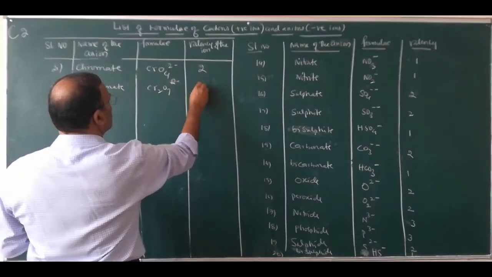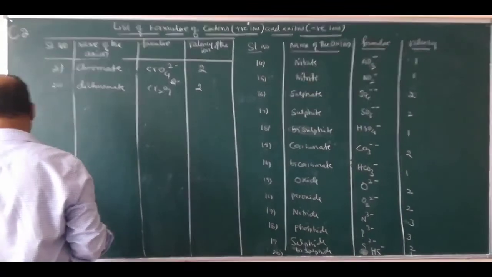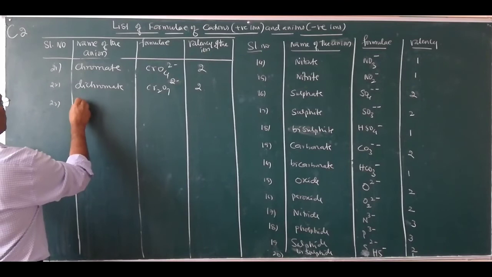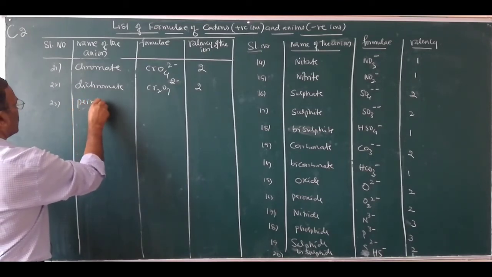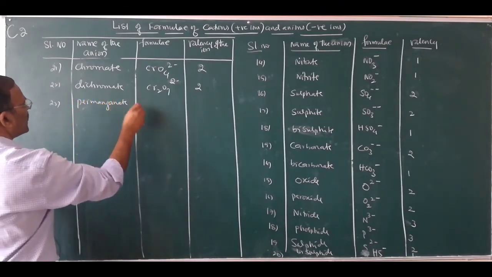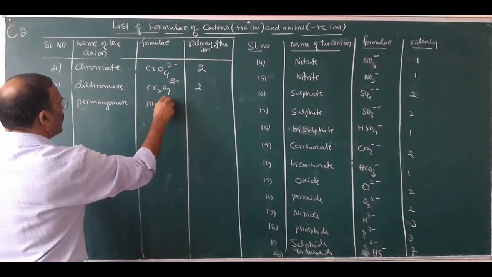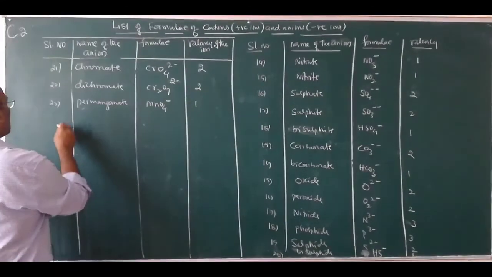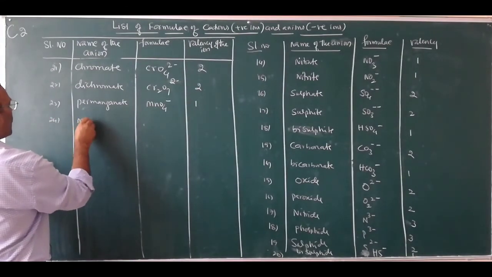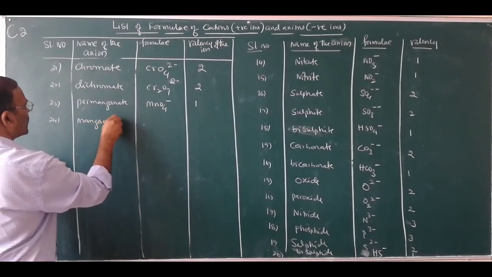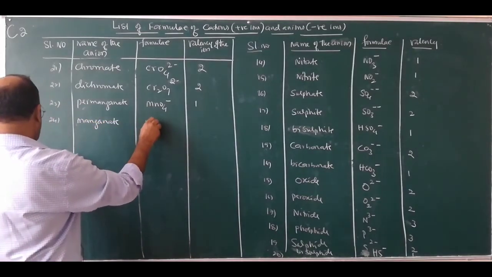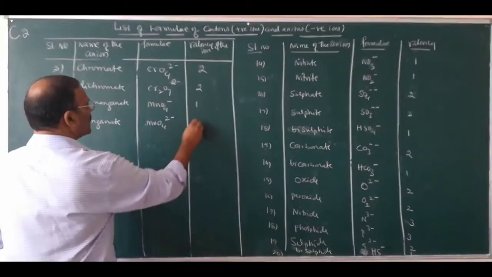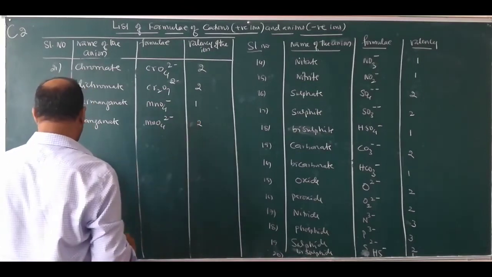Then permanganate, MnO4 minus, this is minus 1. Manganate, MnO4 2 minus, so this one is minus 2.